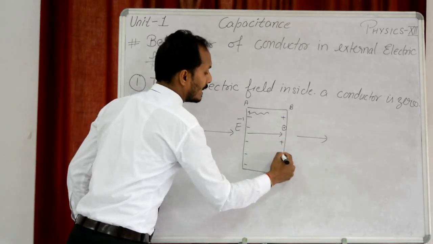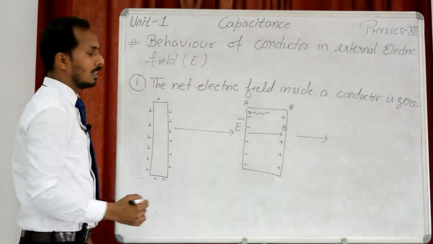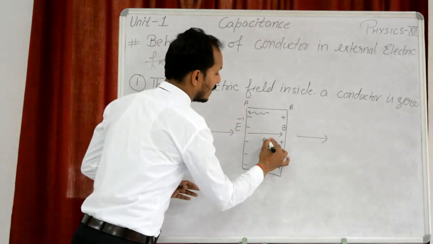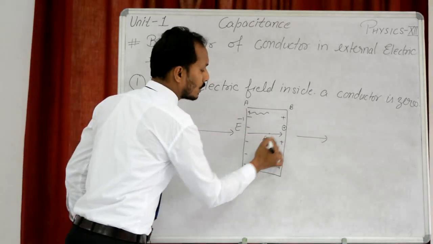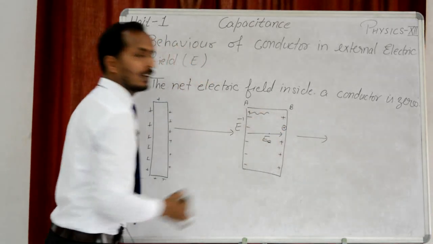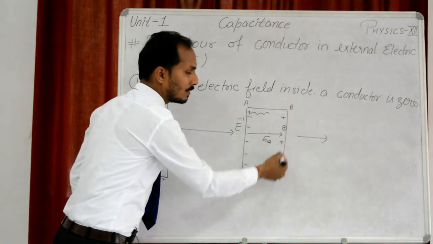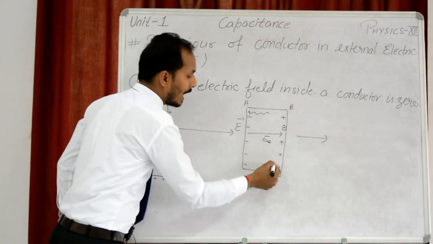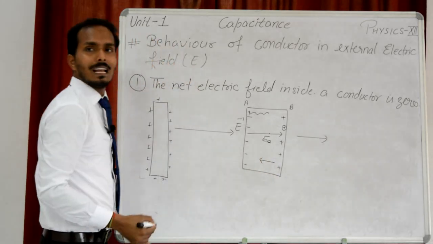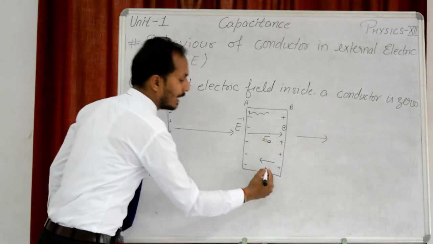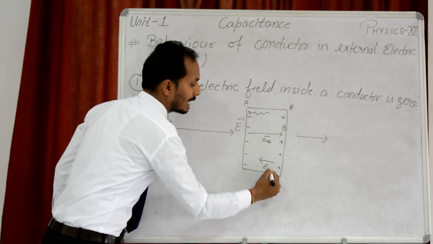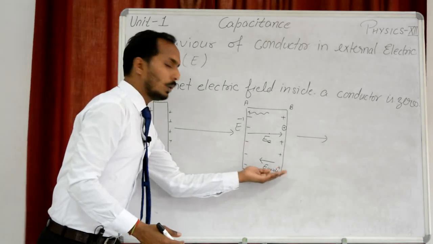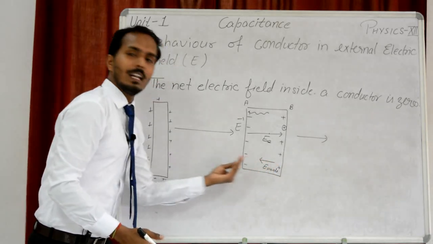This line shows the external electric field E. Because of the positive charge on one surface and negative charge on the other, it also creates an electric field from positive to negative inside the conductor, an induced electric field.